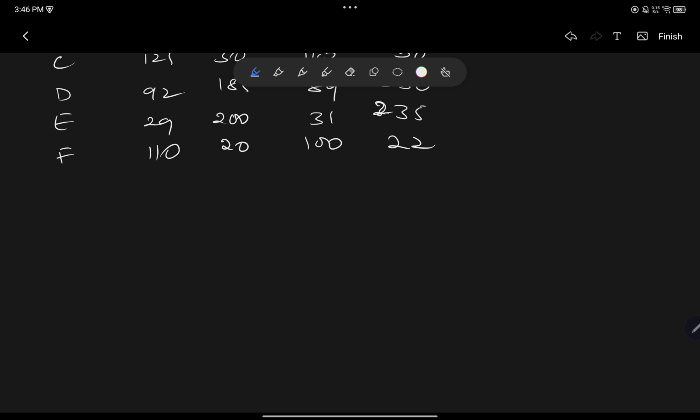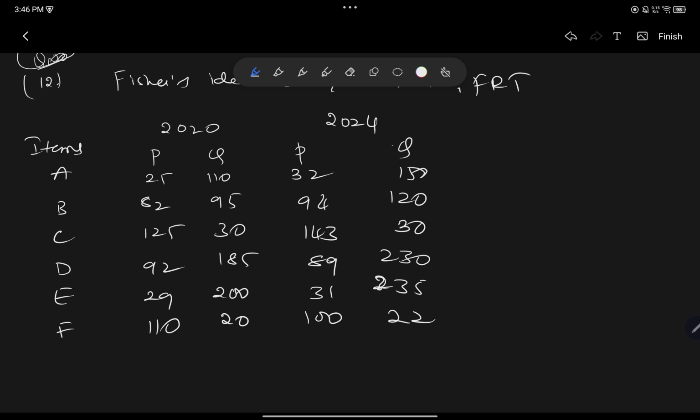How are we going to solve this? As you know, they have given PQ. 2020 is the base year, 2024 is the current year. So P with 0 is the base year, and 1 is the current year, right?